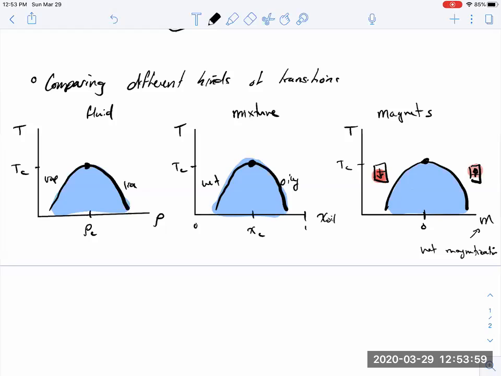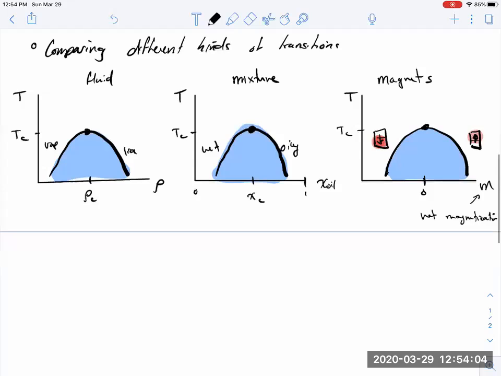Now, if you just look at these curves, they all look kind of similar, but actually they can be measured with an amazing amount of accuracy. And the shapes of these curves, for example, can be measured, shapes of the coexistence curves near the critical temperature.